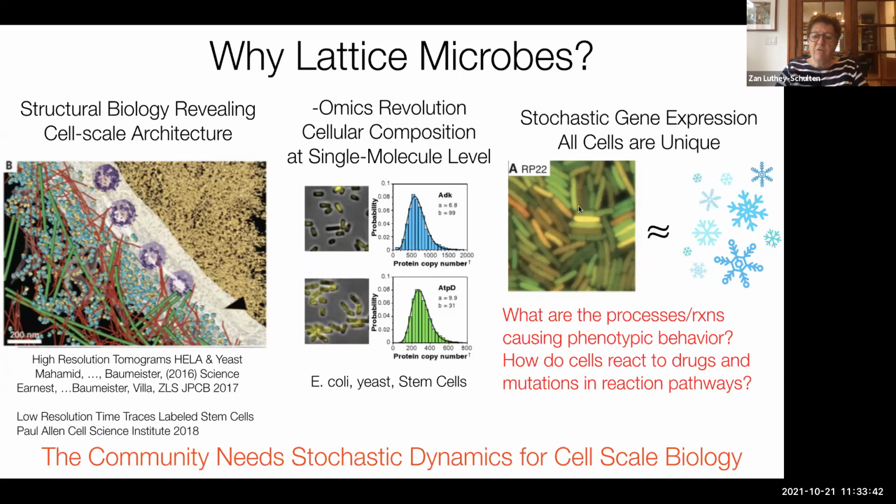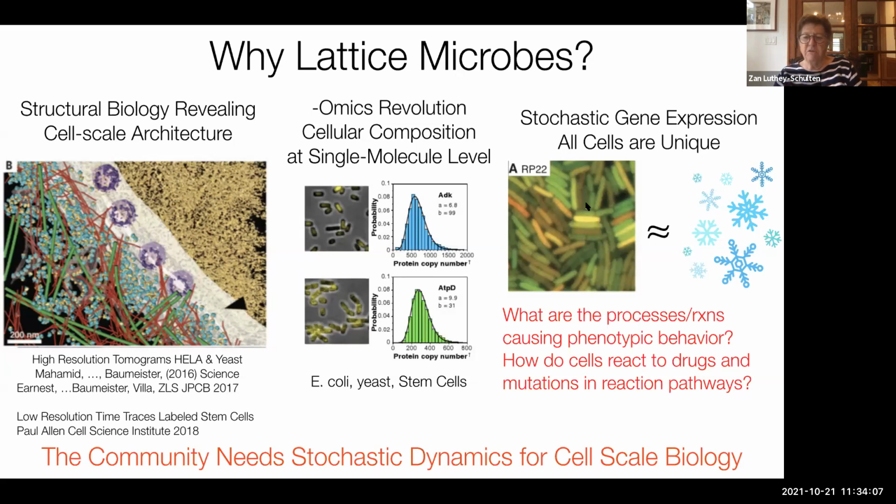And as I said, from the pioneering work of Elowitz, we know that gene expression is stochastic. That means the numbers of the messengers and even of the proteins are going to vary at any one instance.